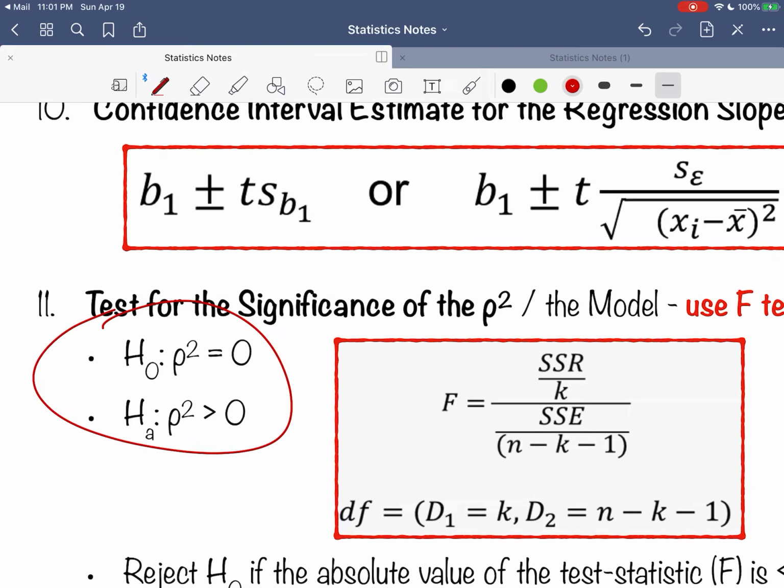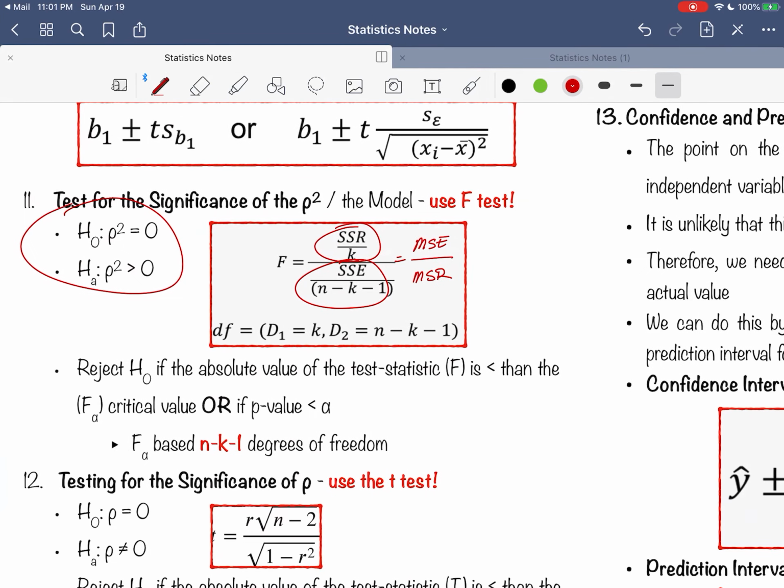Essentially, the test is going to be a ratio between SSR over its degrees of freedom and SSE over its degrees of freedom. And for those of you who have been following with me, this is just MSE and this is MSR. When you choose your critical value, which is step 2, you choose based on n minus k degrees of freedom.